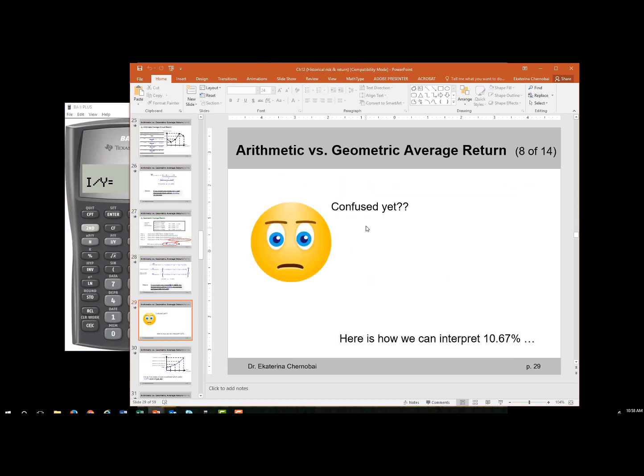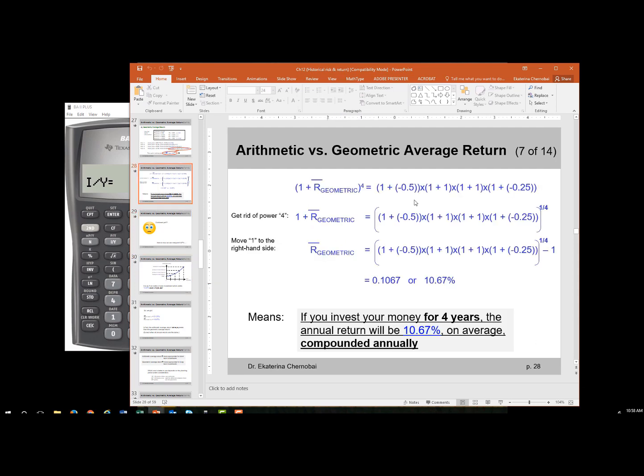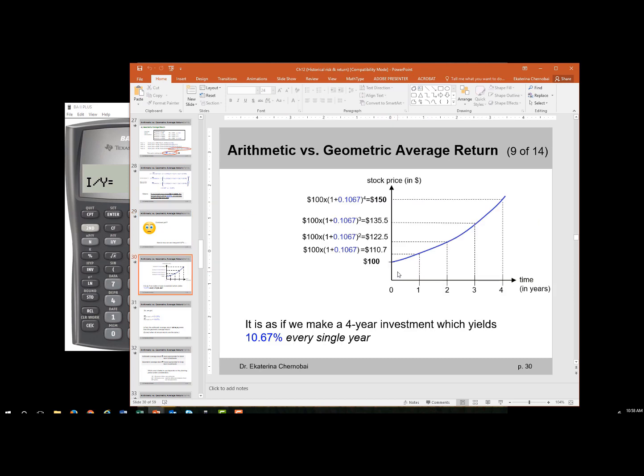Okay, so where were we? We were right here. So I showed you basically 3 different ways to find the geometric average. 1, we actually used this formula. 2, if you know the dollar amounts, which is where we started this entire problem, then $100 is your PV, $150 is your future value, 4 years in between, that's your N, and you're computing IY in the financial calculator.